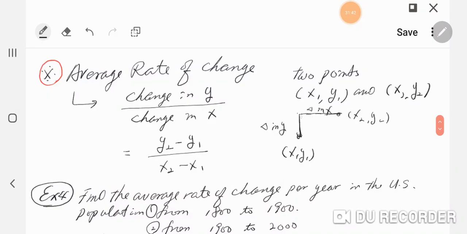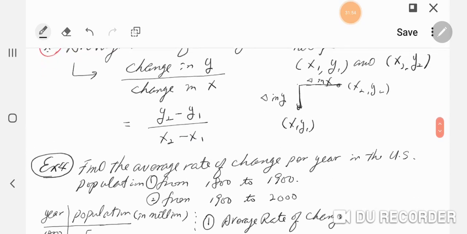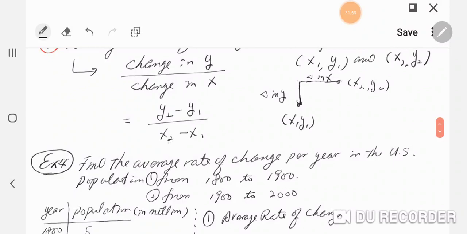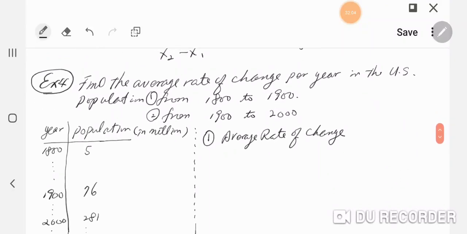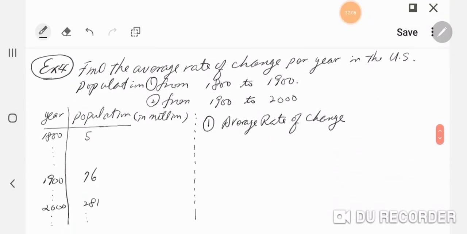So what we do is y2 minus y1, which is the change in y, and the change in x is the horizontal distance, x2 minus x1. So if you start with 2, then this has to be 2 and 2, starting with 2 and ending with 1. That's the rate of change, the average rate of change.